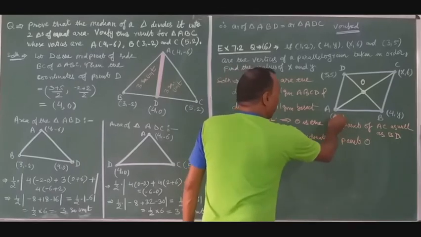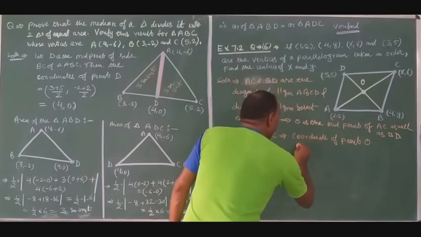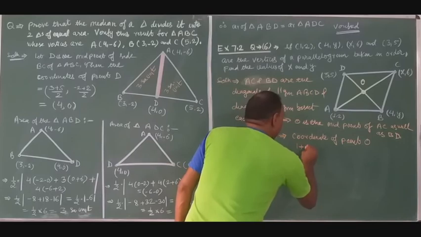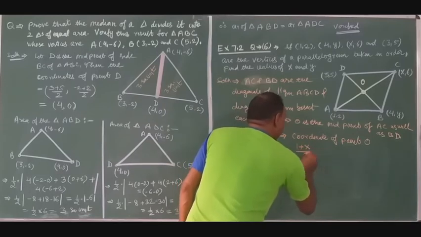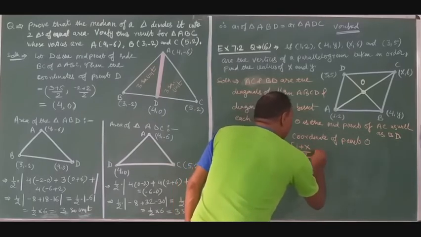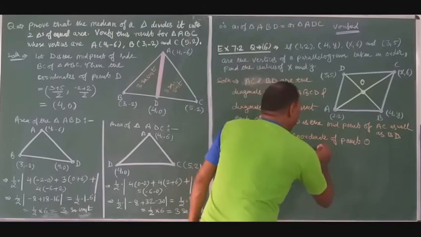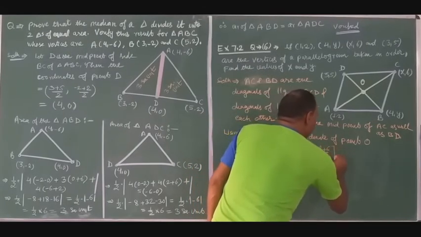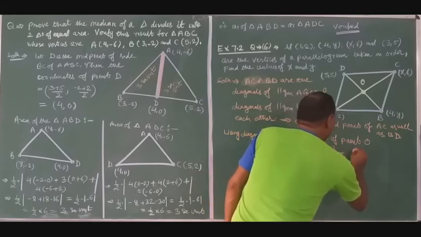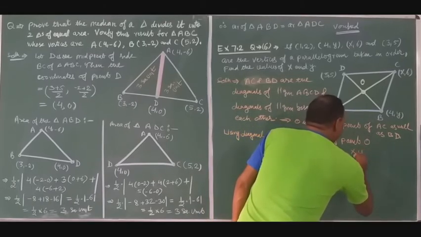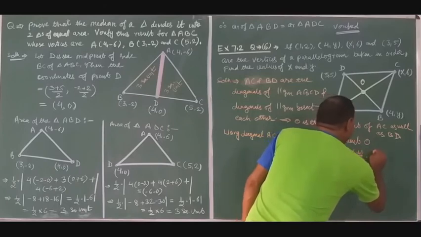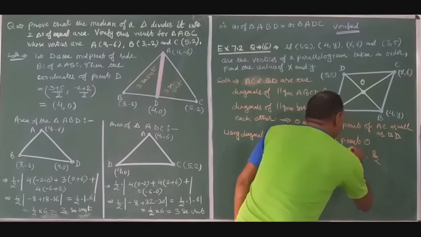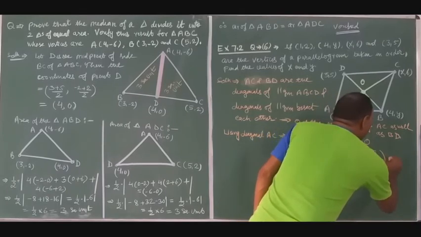Just look here. (1 plus x) upon 2, comma, (2 plus 6) upon 2. That is, we can write (1 plus x) upon 2, and this is 8 upon 2. This is equation number 1.